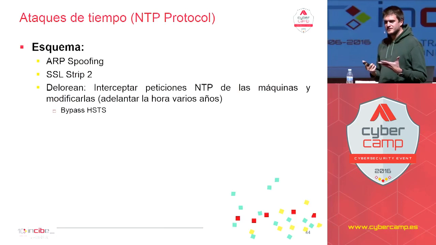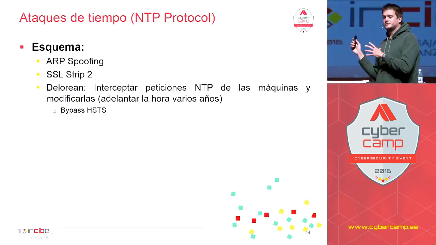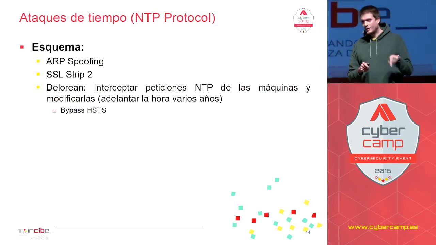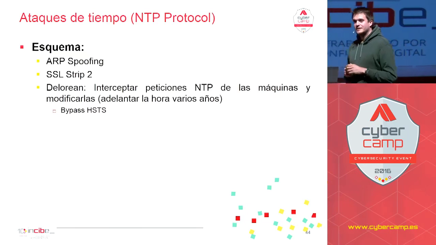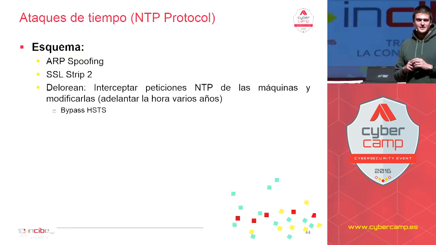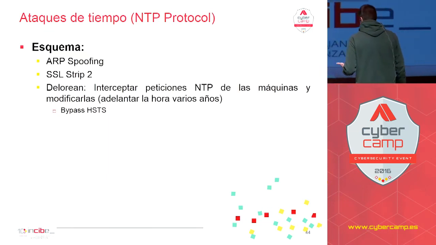The question is, when do they synchronize time? So the theory is okay. However, the problem here is studying how, or rather when, machines make that request. So it is more complex than it looks.